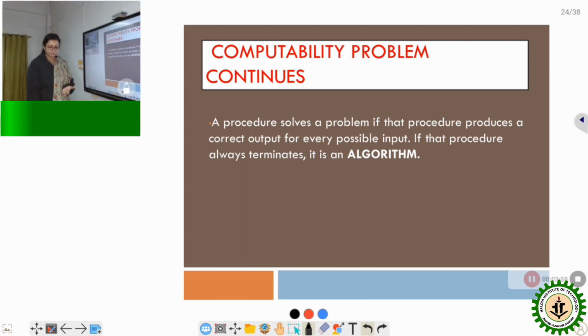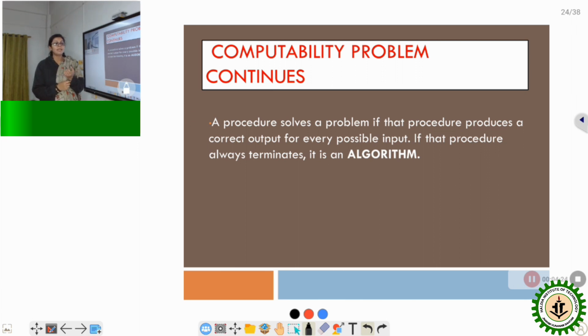Am I clear? Okay, I am saying it again. If a process or method produces a correct output each and every time, then the process is called an algorithm. Say, suppose we know 2 plus 2 is equal to 4.